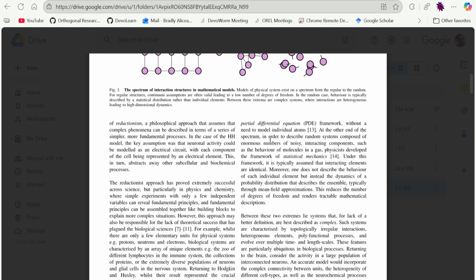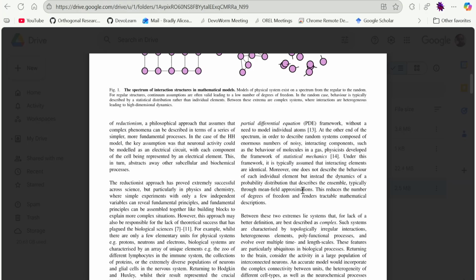Then at the other end of the spectrum, in order to describe random systems composed of enormous numbers of noisy interacting components, we can use statistical mechanics. In this case, we assume that interacting elements are identical. And we don't need to describe the behavior of each element, but we can describe the mean behavior of those elements. The dynamics we're interested in are those of the ensemble.